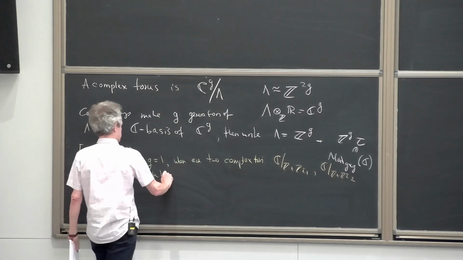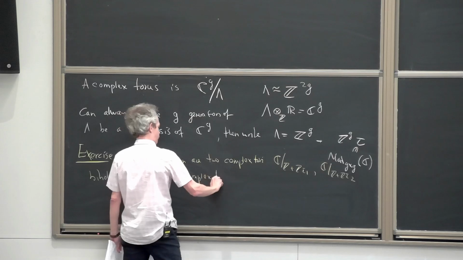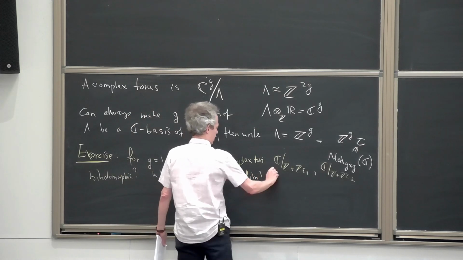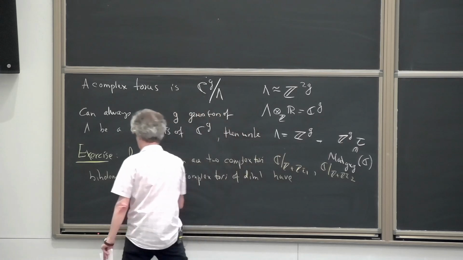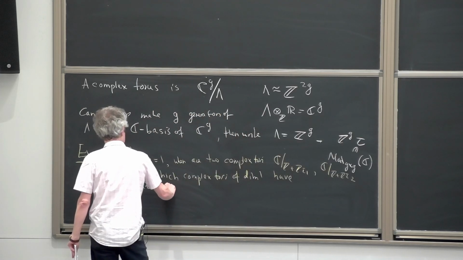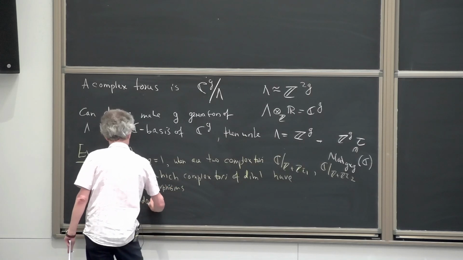And then you should also ask which complex tori of dimension 1 have automorphisms, endomorphisms.